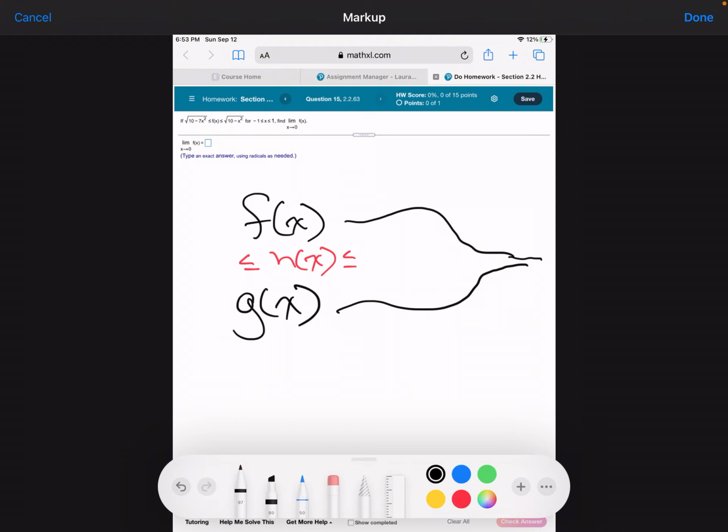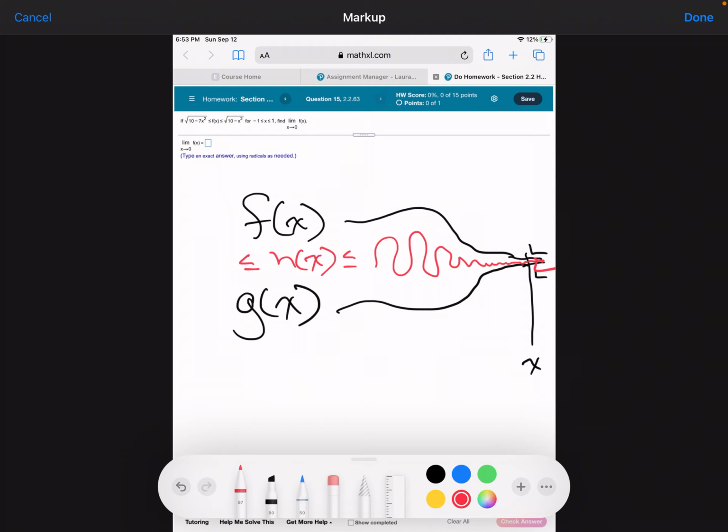So if f of x has a limit of L as we approach some value, and g of x also has that limit of L as he approaches some value, that means that no matter what your guy is doing, he has got to have the same limit.